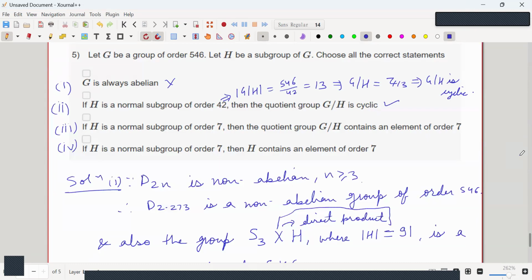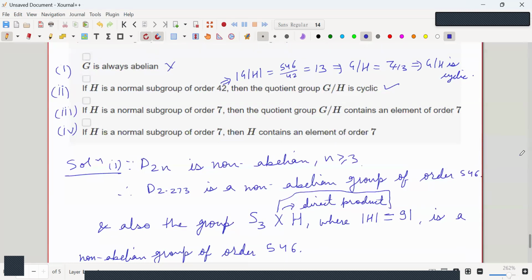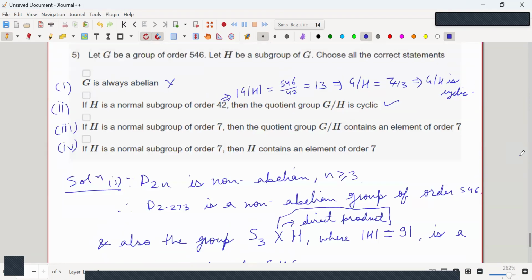If H is a normal subgroup of order 7, then the quotient group contains an element of order 7. This statement is not true. Then you have to give me a counterexample.